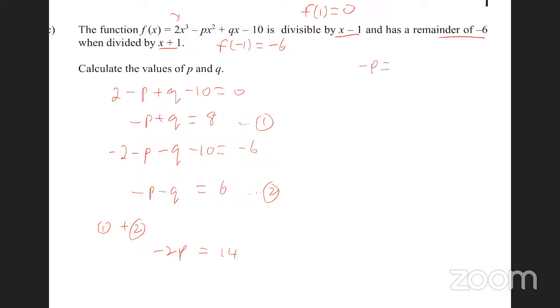So positive p is 14 on minus 2, so that's minus 7. And q is equal to minus p minus 6. So that's 7 minus 6, which is 1. Q is equal to 1. You get that?